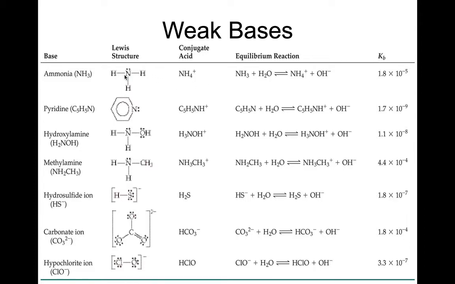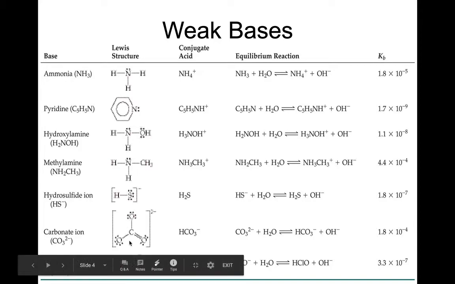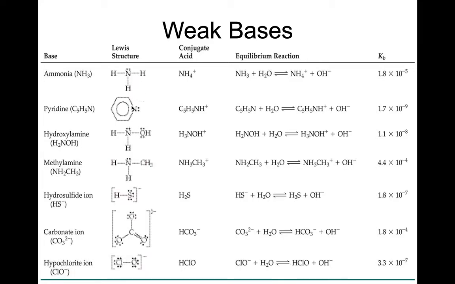Notice something interesting about all these bases, maybe something they have in common. They've all got some lone pairs of electrons on them. A lot of them have nitrogen. We'll come back to those observations a bit later.